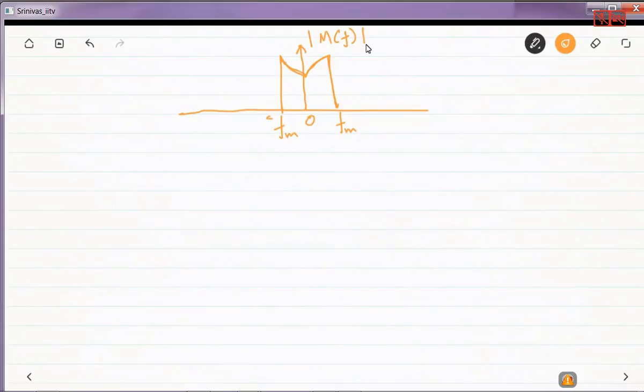This is the spectrum of the message signal. I assume it has a finite bandwidth of FM, that is, a maximum frequency of FM. And I assume that the spectrum is symmetric with respect to the origin.